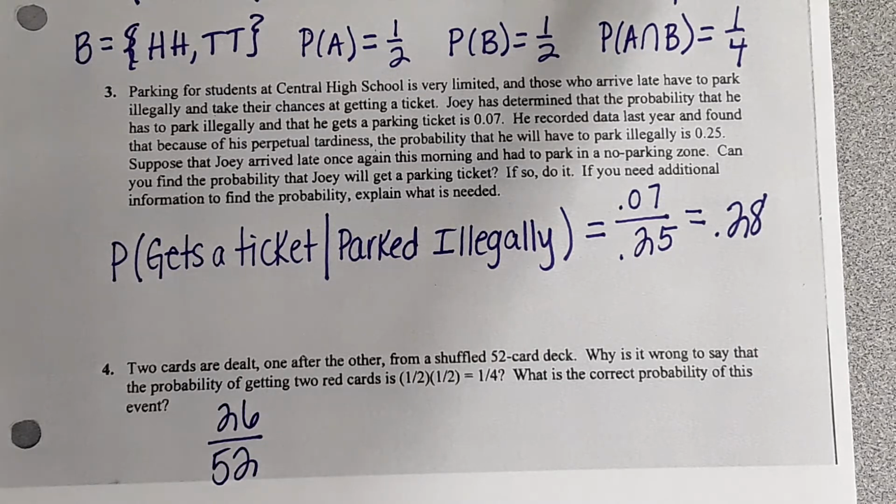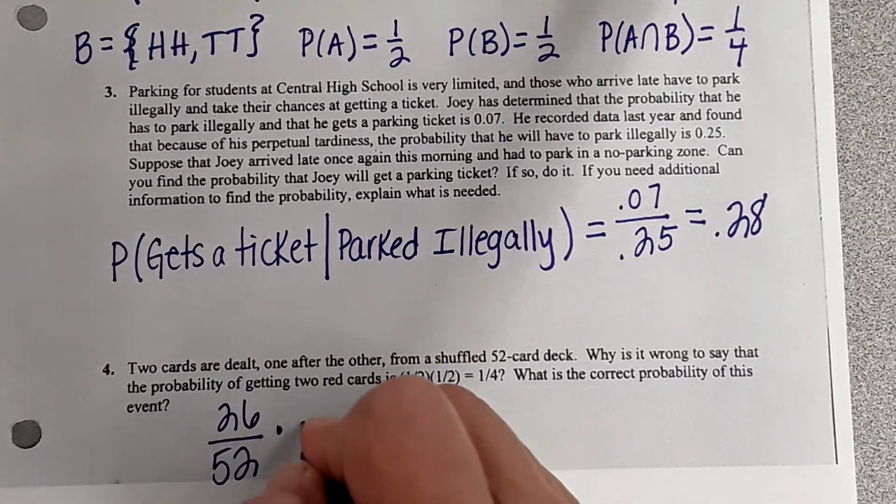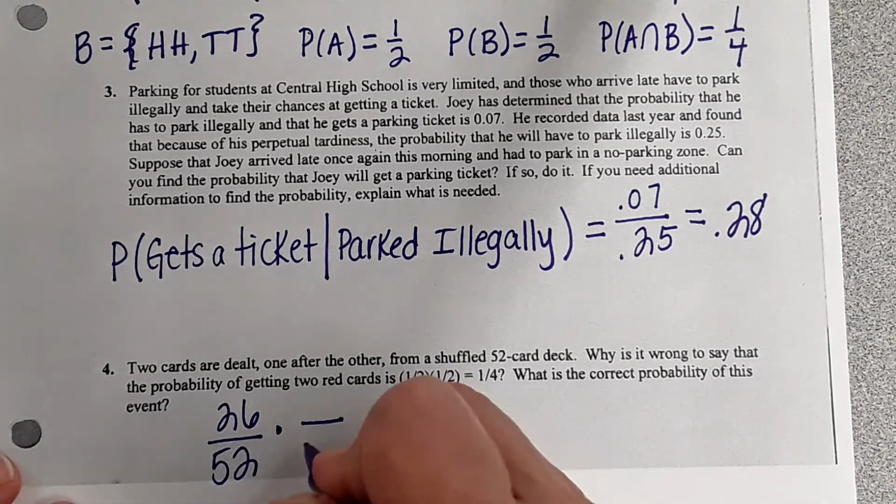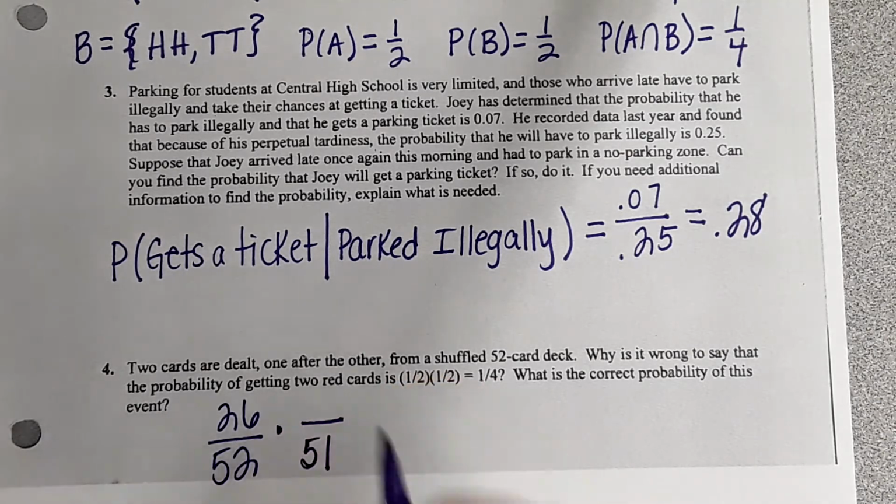Well, you didn't put the card back in, and you're assuming that the one that you picked was red. So now David has already said how many cards are left? 51, because we took a card out. But we also assumed that we took out a red card. So if there were 26 red cards to begin with, and we took one out, how many do we have left? 25.